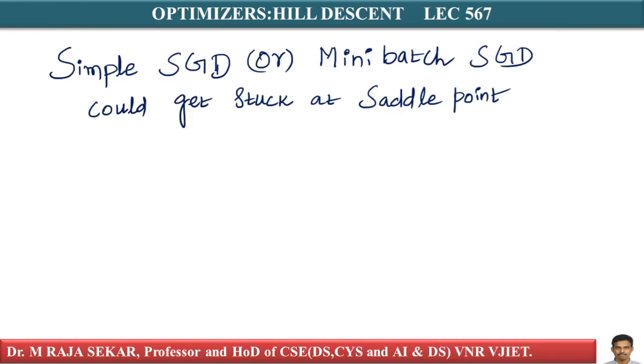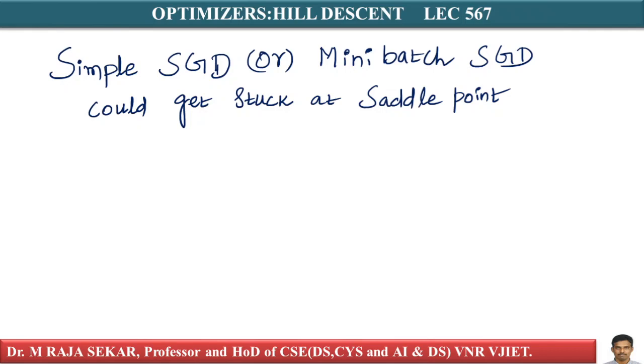In this lecture, I will continue my discussion on optimizers, hill descent. Before understanding this lecture, I request you to go through my previous lecture, that is lecture number 566. So, simple SGD or mini batch SGD could get stuck.